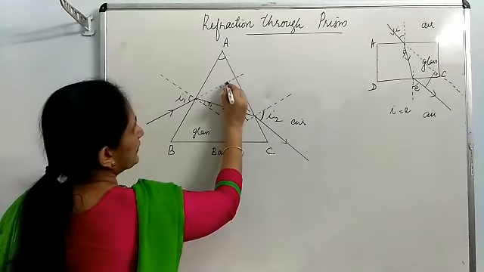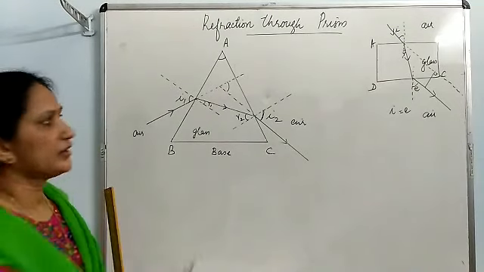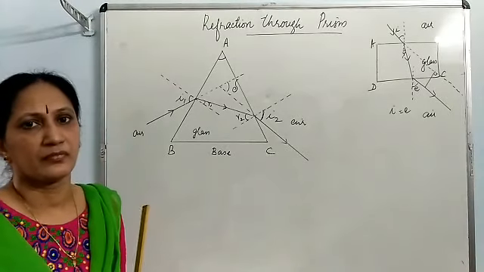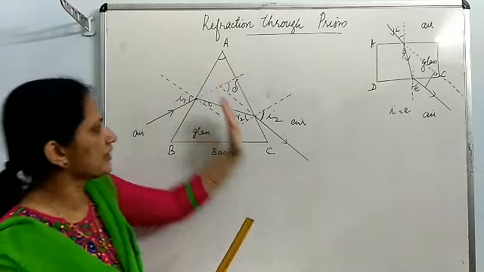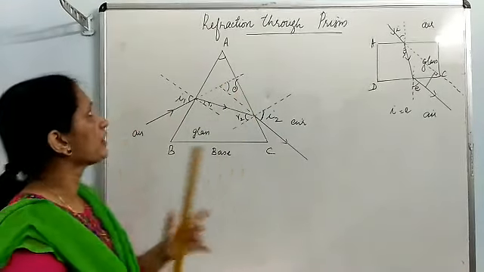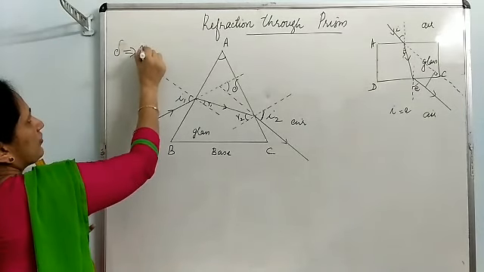This angle is known as angle of deviation, and the symbol we use for it is delta. Angle between the incident ray extended and emergent ray extended. It is known as angle of deviation. Delta is angle of deviation.